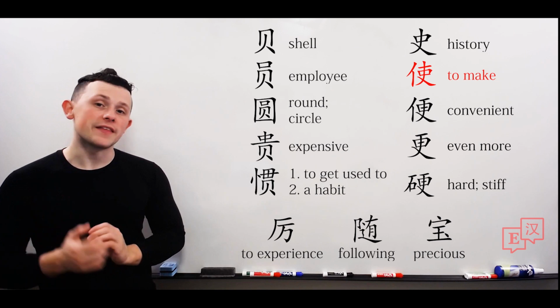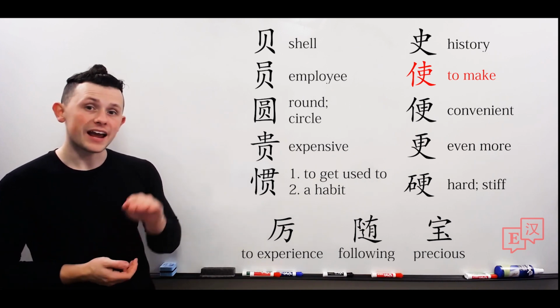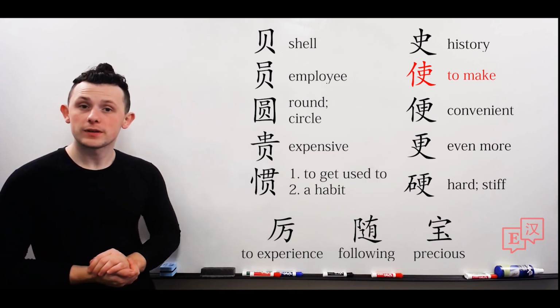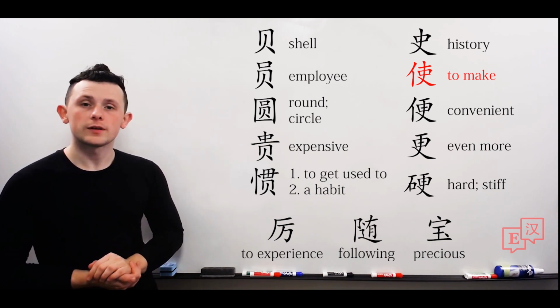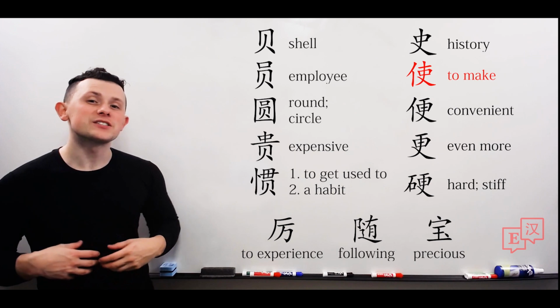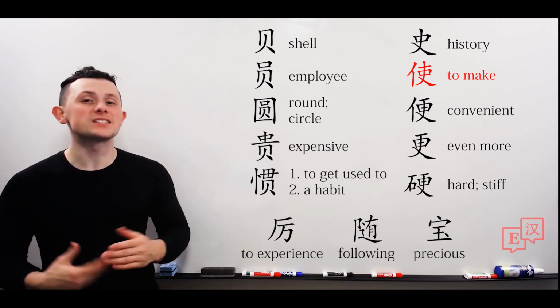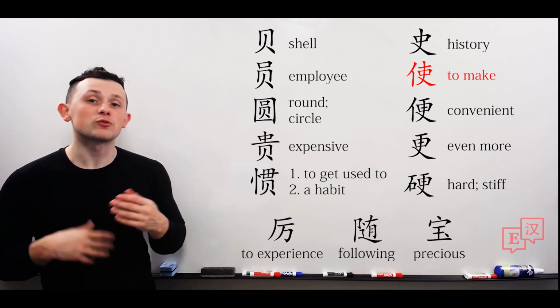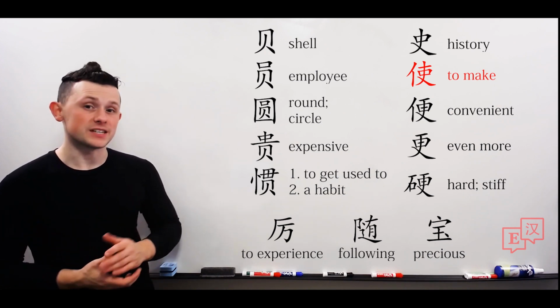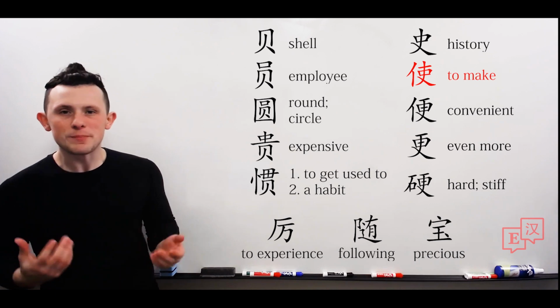We've added a 人, a person, and an e above. Now note, that line above the e pierces through. This character means to make, as in to make someone do something or to employ. And it's often used in relation to embassies or ambassadors, because they're the people who make things happen.